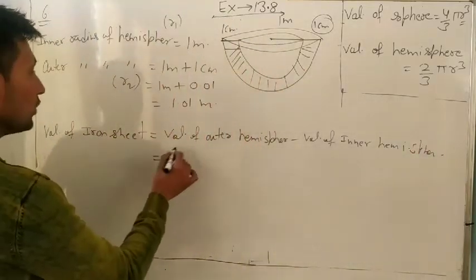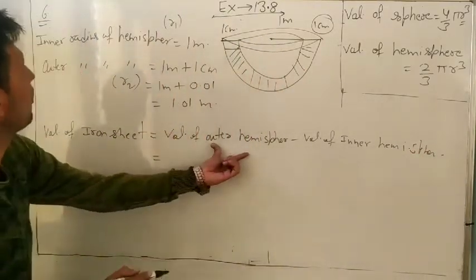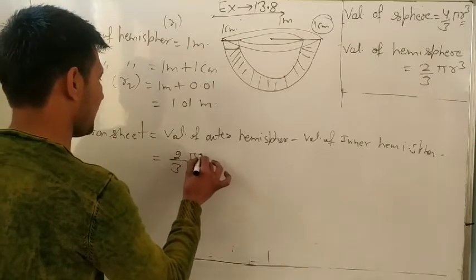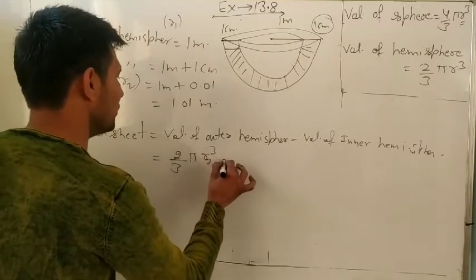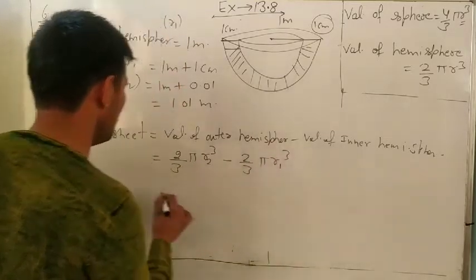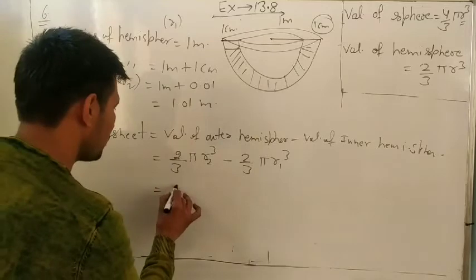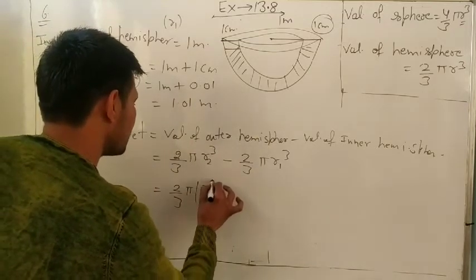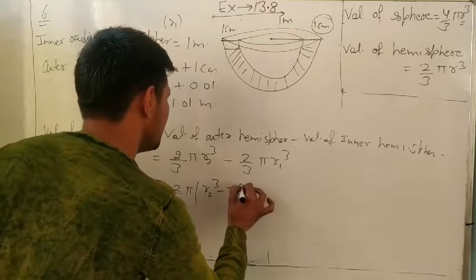The volume with outer radius R2 is 2 upon 3 pi R2 cube minus 2 upon 3 pi R1 cube. What is common? 2 by 3 is common, pi is common. What remains? R2 cube minus R1 cube.